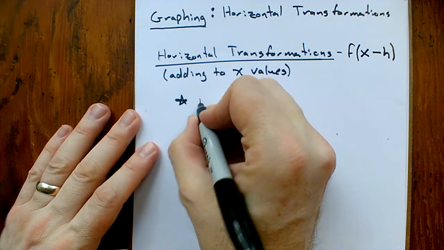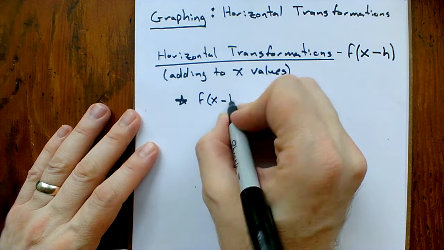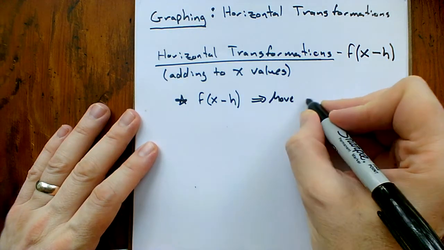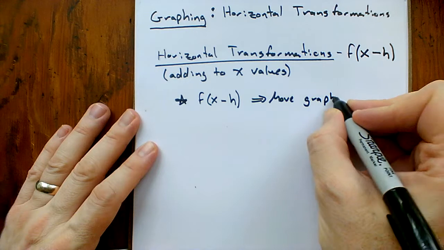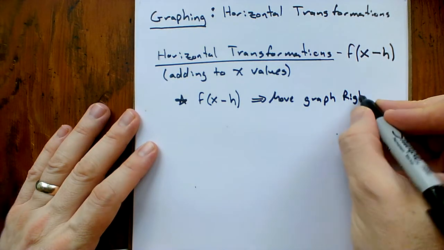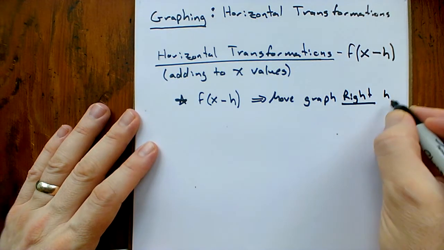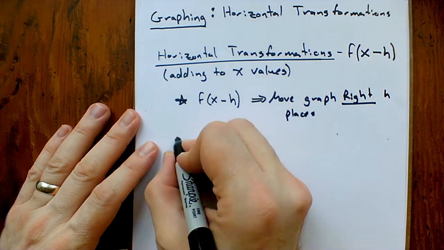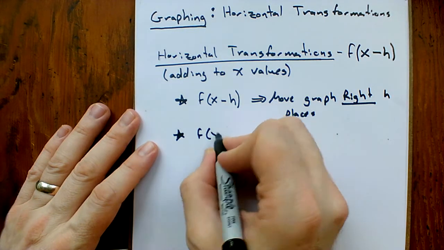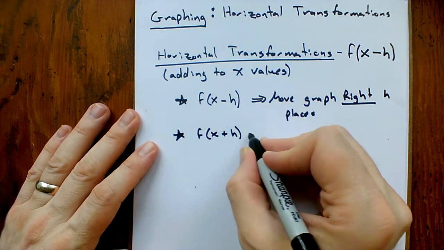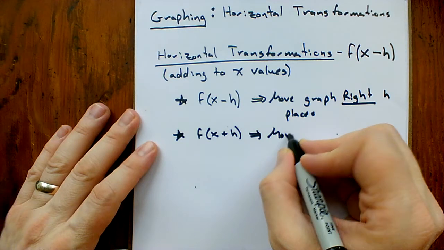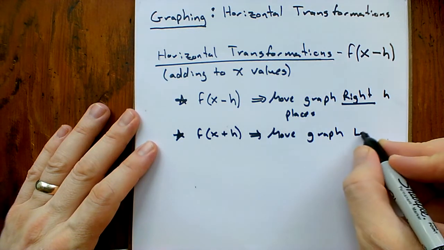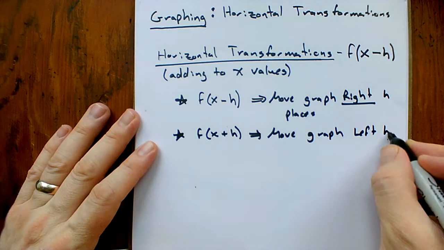So if I've got f of x minus h, this is going to move my graph right h places. If I've got f of x plus h, this is going to move the graph left h places.